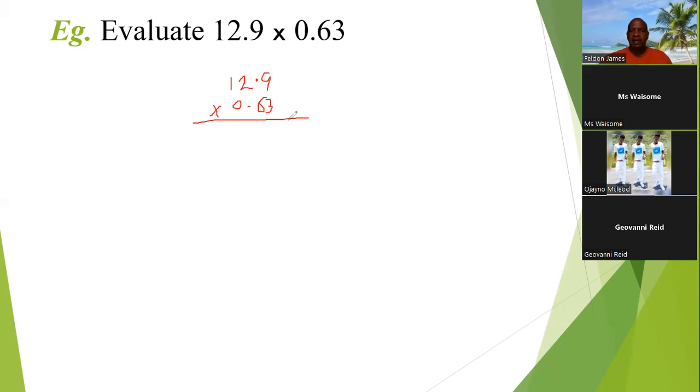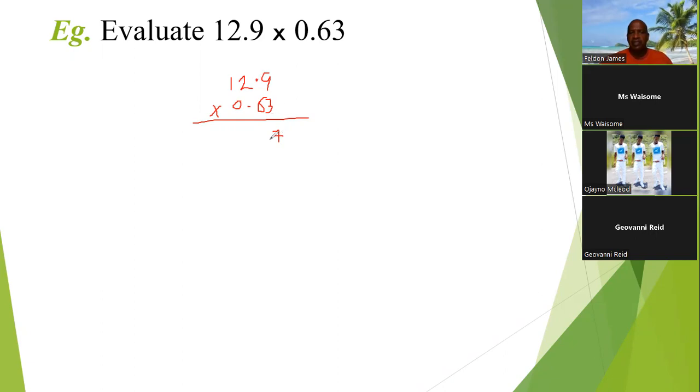If we're multiplying, we'll start out with the 3 and we say 3 nines give you what? 27. So we'll put down the 7 and we'll carry the 2. Now 3 times 2 gives you 6, but remember we had carried 2 from the 27.